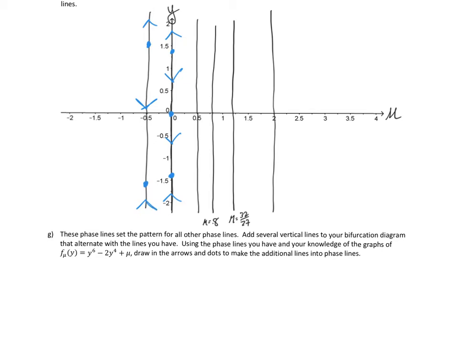Okay, for 0.5, go back and look at that. Okay, so 1.3 would be like here. Negative 1.3. And 0.7. So that's like here and negative 0.7.